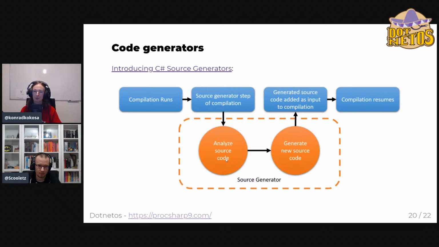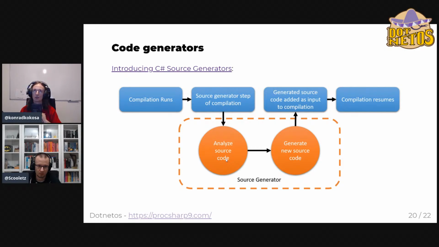A typical example: you have a JSON file, you have an expected structure of your JSON data that should be deserialized or serialized, and current serializers will analyze it at runtime, and with the help of reflection will emit a serializer, deserializer that is responsible for doing the work, which obviously means it will be a little bit slow because it uses reflection.